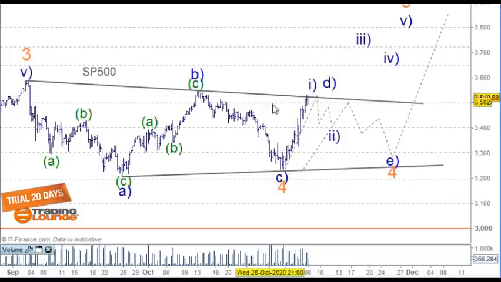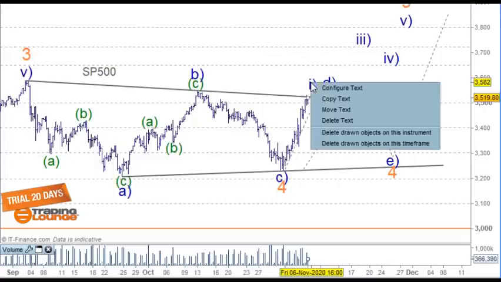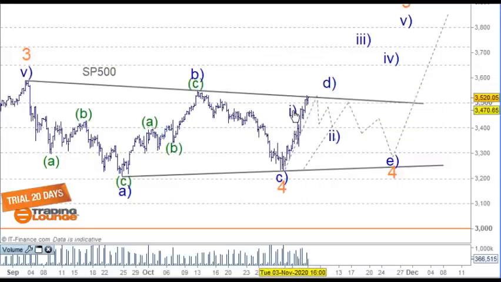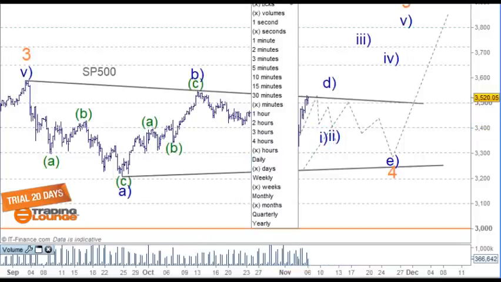And we need to look at this in terms of impulse waves here. I suppose we could look at it as wave 1 to the upside here, but it's probably better suited in here. So we're going to be looking at that next.